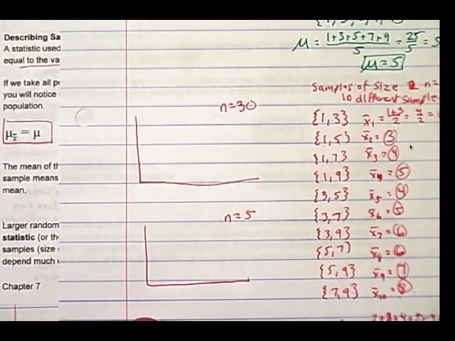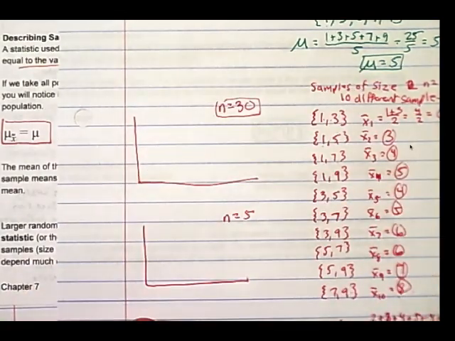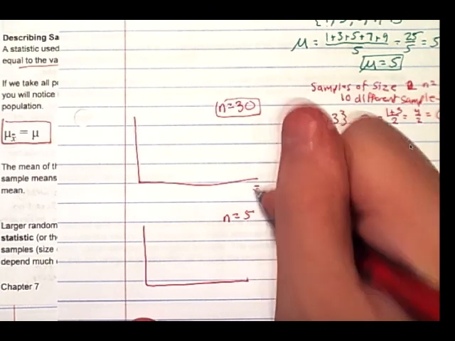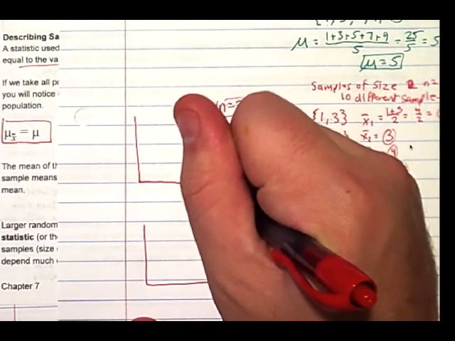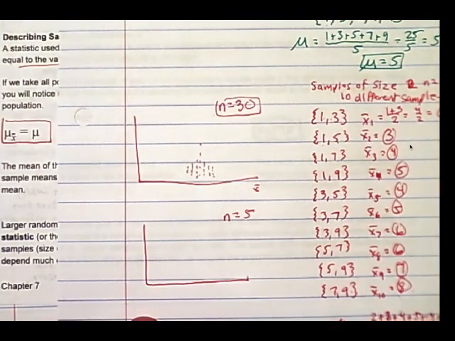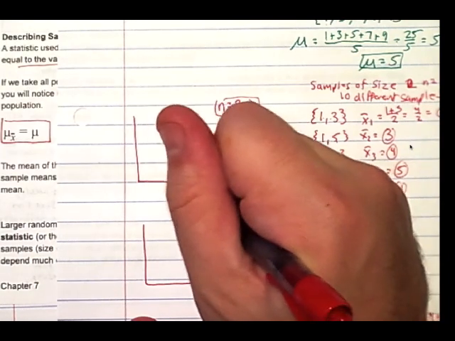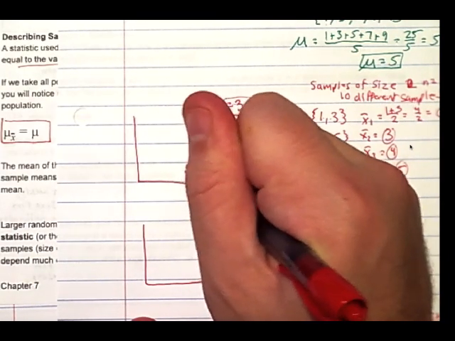When you look at those graphs, when you take 30 of them, and these are the different X bars that you get, when we graphed that, the values were fairly close. Each one of these represents a different X bar. Let's think about why that's true.